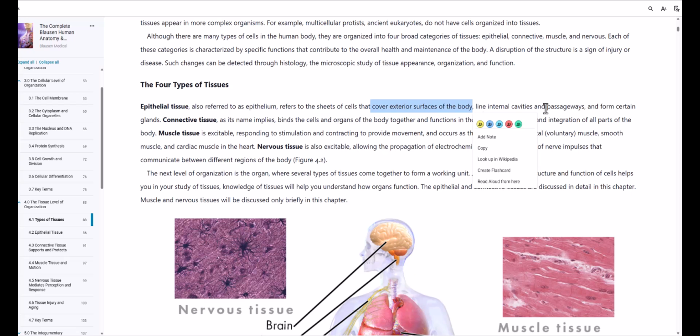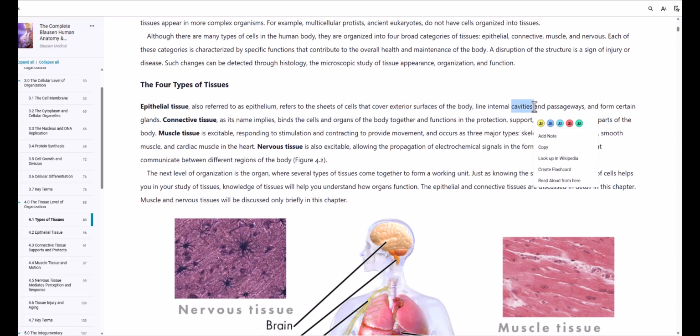Secondly, epithelial tissues are lining all of your body cavities. Remember in chapter 1, we learned about the thoracic cavity and the abdominal pelvic cavity, and all of those spaces are lined by epithelial tissue.